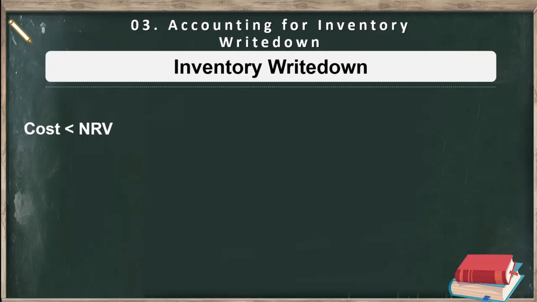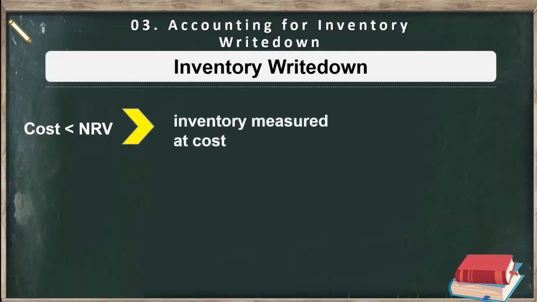So if the cost is lesser than the net realizable value, what would be the treatment? Inventory will be measured at cost, of course, because accordingly, LCNRV is the lower between the cost and the NRV. Since the cost is lesser, the cost will be used as the measurement of our inventory.